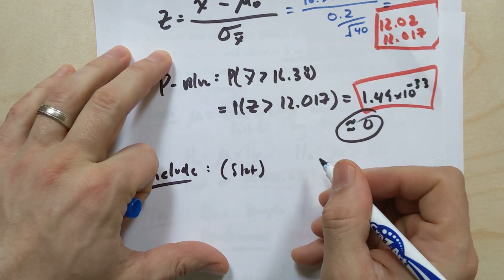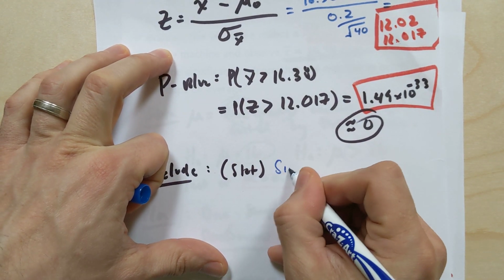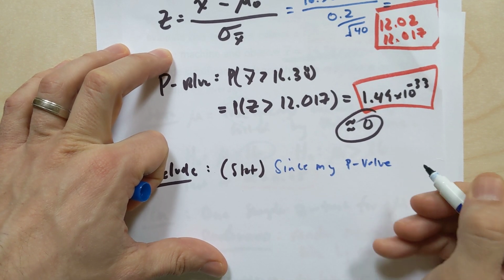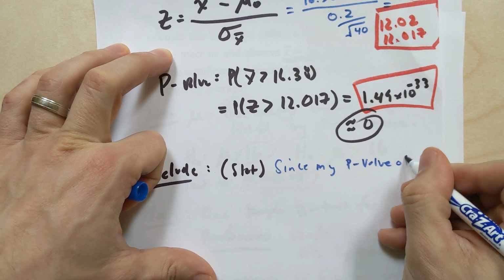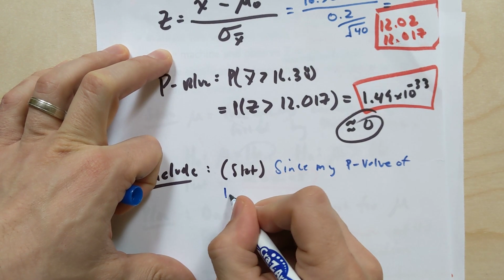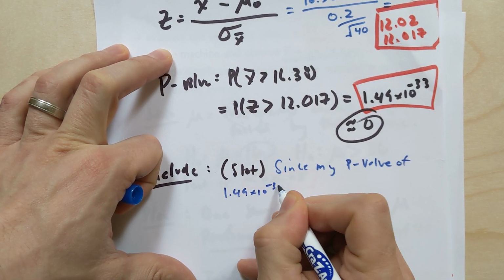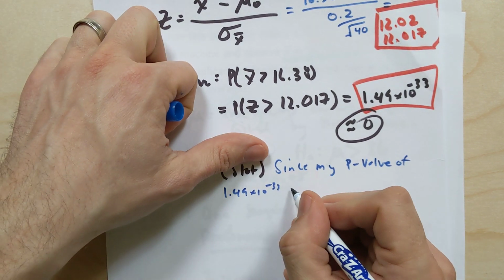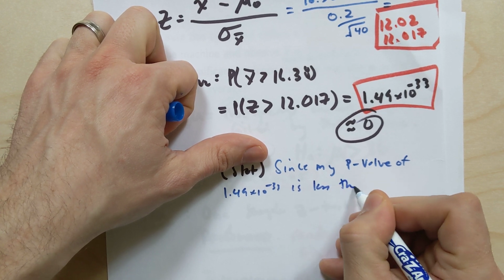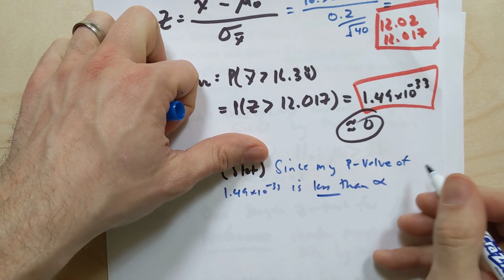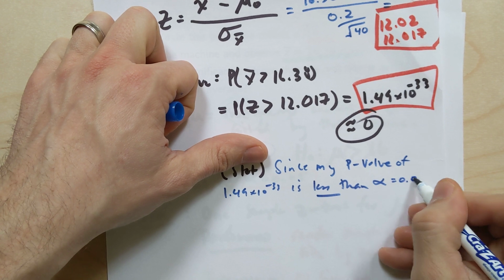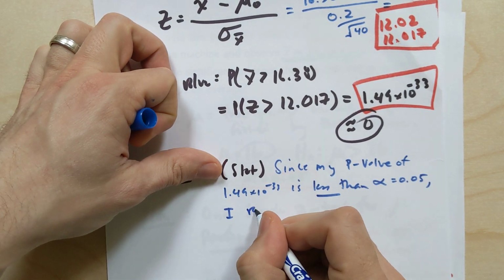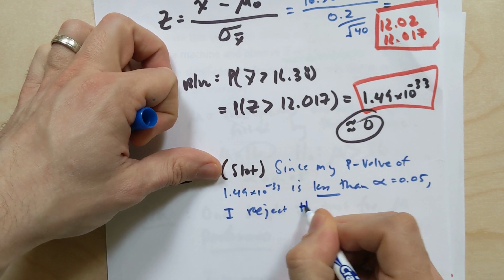I'd talk about the p-value and the level of significance. I'll say, since the p-value of 1.49 times 10 to the negative 33rd, that's a crazy p-value, is definitely less than alpha equals 0.05, I reject the null hypothesis.